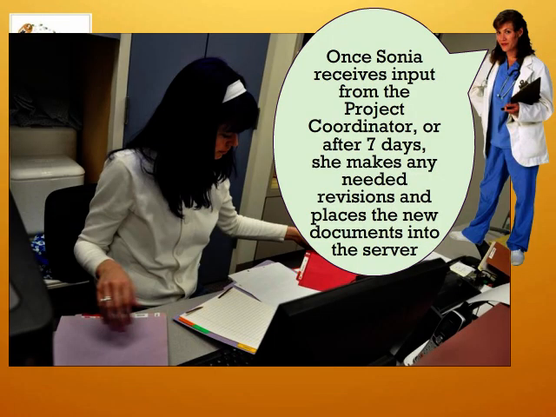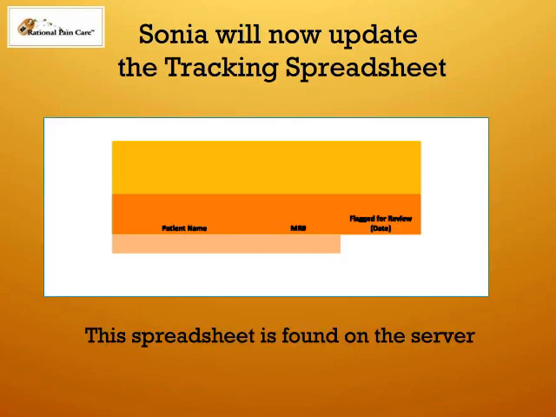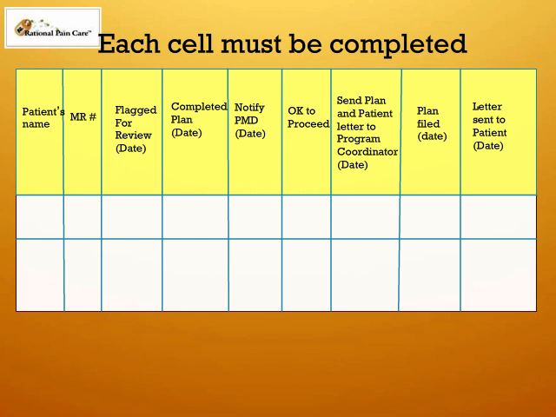So the next step will be either revision, or if there's no response, continuing on to place the final documents into the server. Our chart reviewer is looking happy. She's almost done. And after the final documents have been submitted to the server, Sonia will now update the tracking spreadsheet. Very important step.